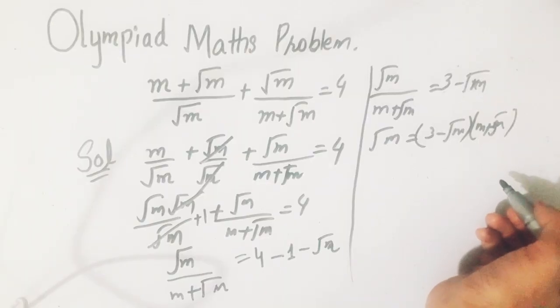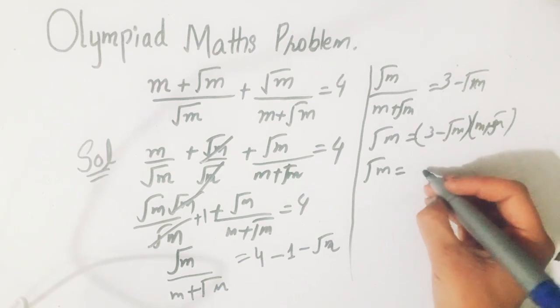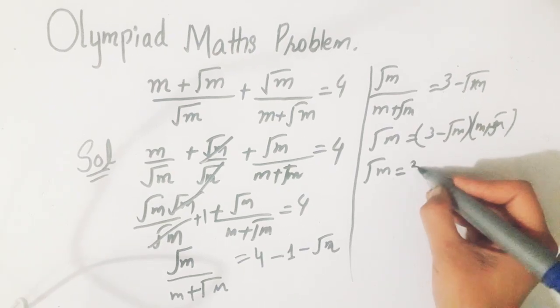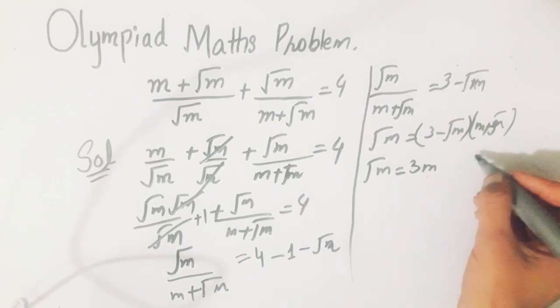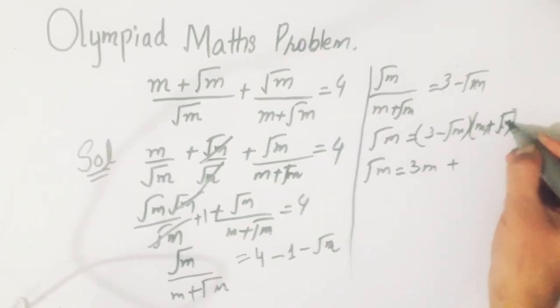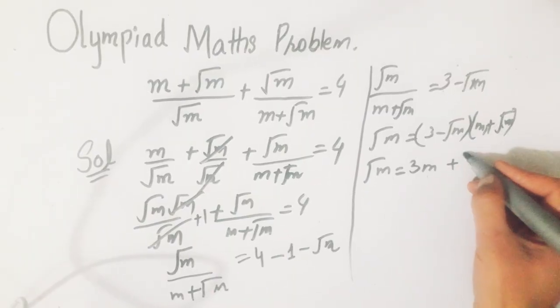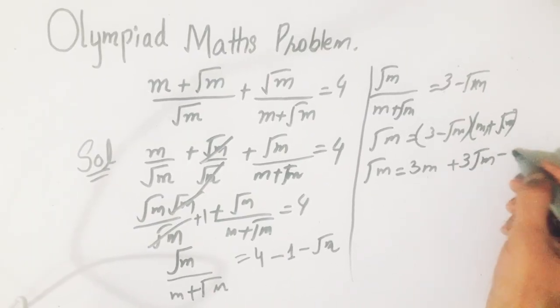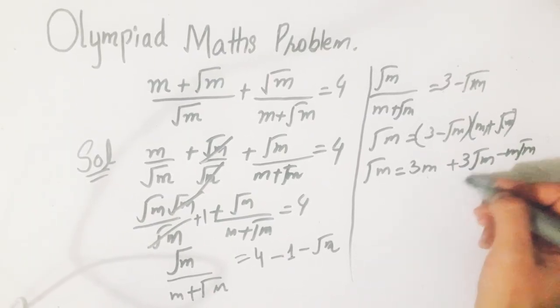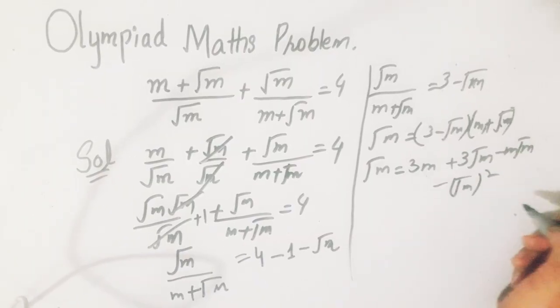Now we will solve this further as this will become root m equals 3 into m plus 3 into m and then plus 3 into root of m minus m into root of m minus root m square.